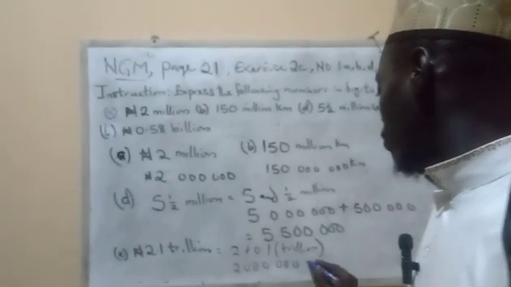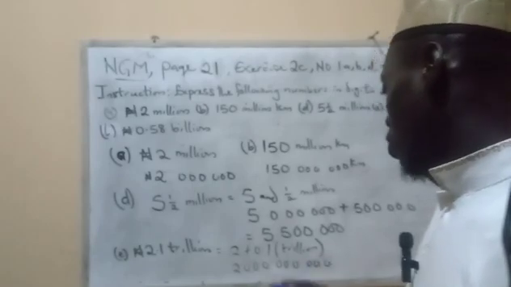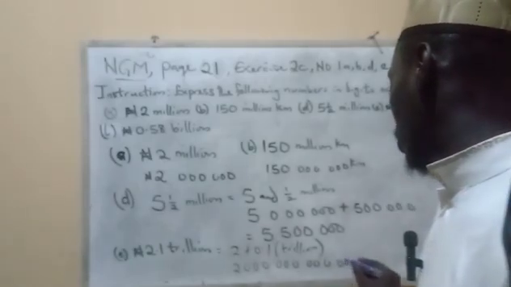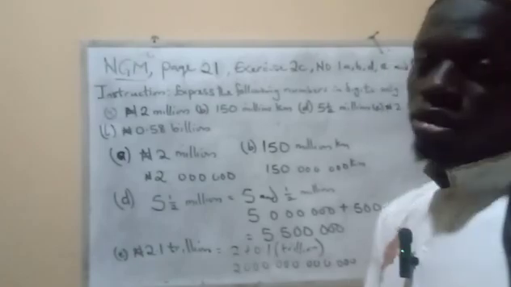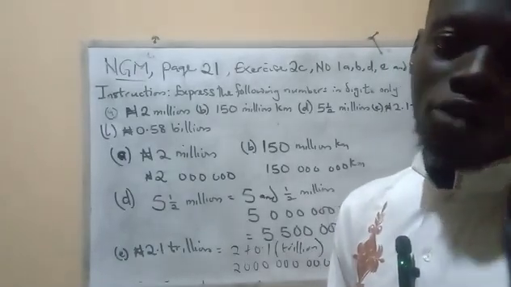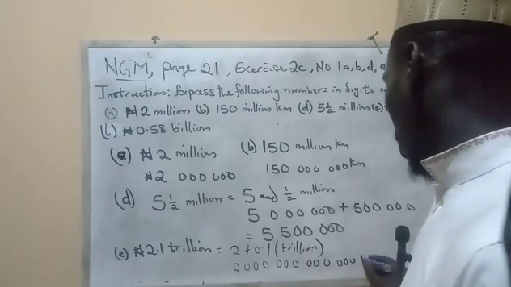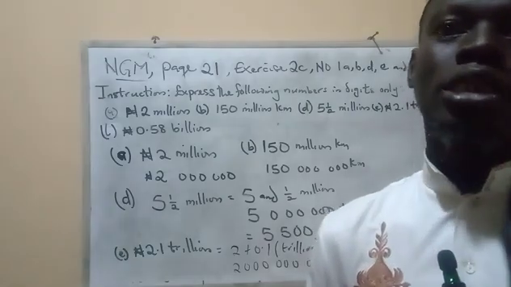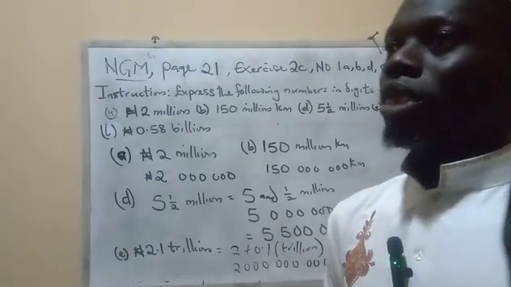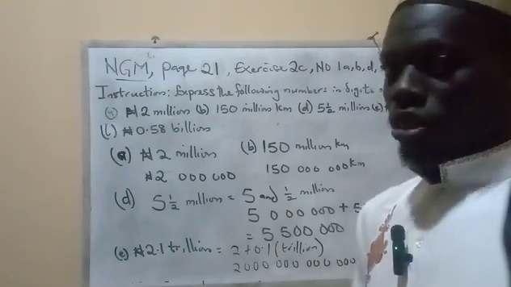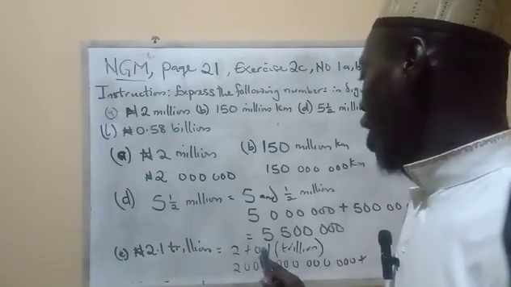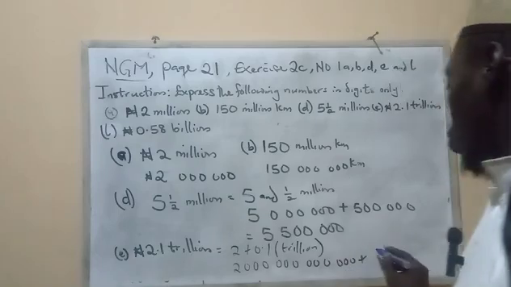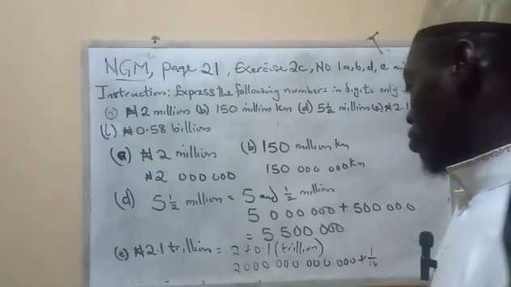Then we also have 0.1 trillions. Trillion has 12 zeros, plus 0.1 trillion. How do we write 0.1 trillion? As a decimal fraction, 0.1 can be written as a fraction, 1 all over 10.